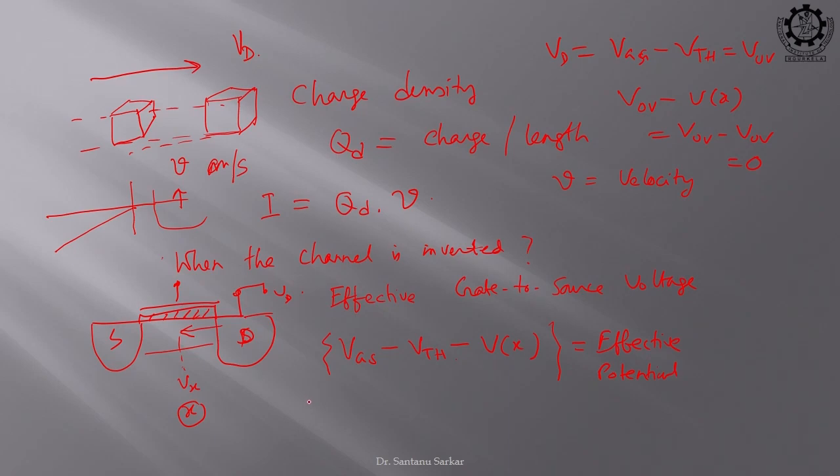So, the total charge density QD is equal to C into V.